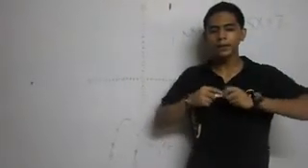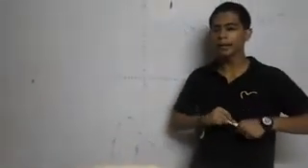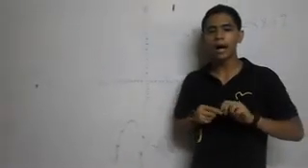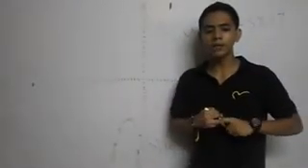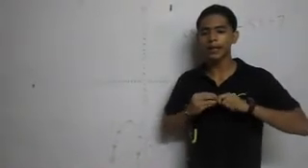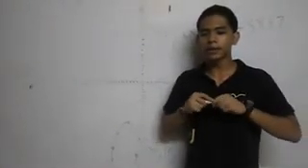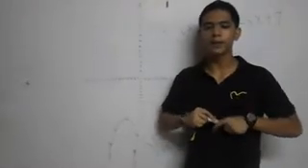So the graph is 1, 2, 15. The axis of symmetry passes through the line x is negative 2. The minimum value is y is equal to 15. The vertex form is f of x equals negative 2 times x plus 2 squared plus 15.